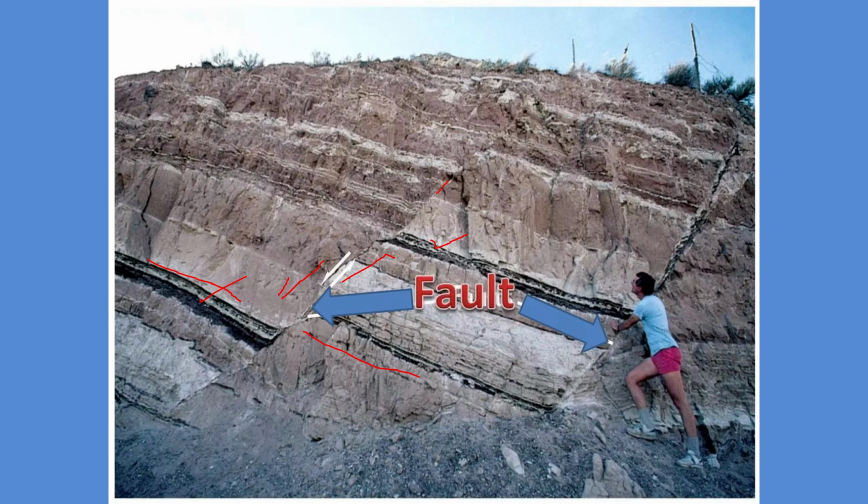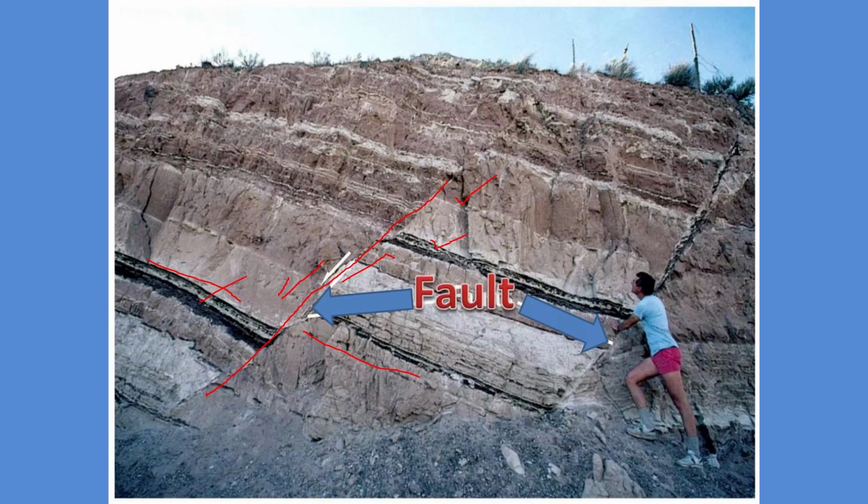So this discontinuous surface is separating the same bedding plane and causes the offset of the bedding. This is one fault you can find in the field by observing the displacement or offset of the bed.